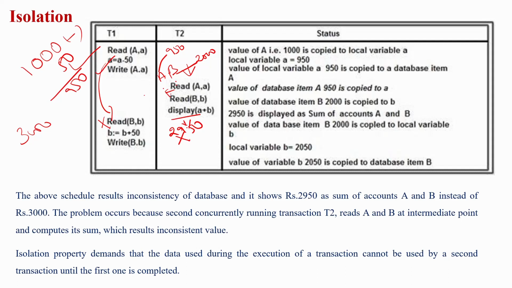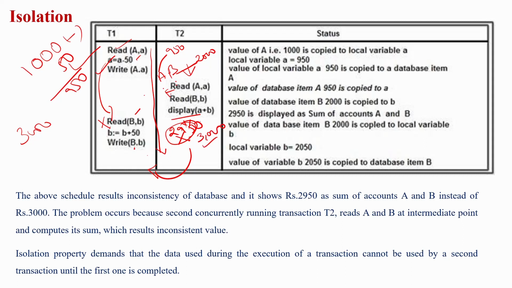The isolation property says that once T1 starts accessing A and B, it should complete all the operations, and only then can T2 access them. If T1 completes all the operations and then T2 accesses, the result will be 3000.